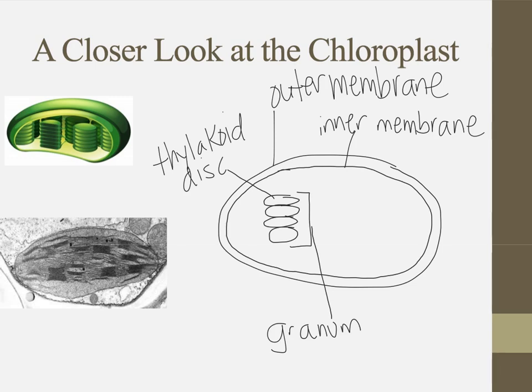Okay, so one disc, thylakoid. Stack of discs, granum. And you're, of course, going to have several grana in a chloroplast. I am not going to draw them all, but it's kind of easy to see that I'm going to find a lot of them here.